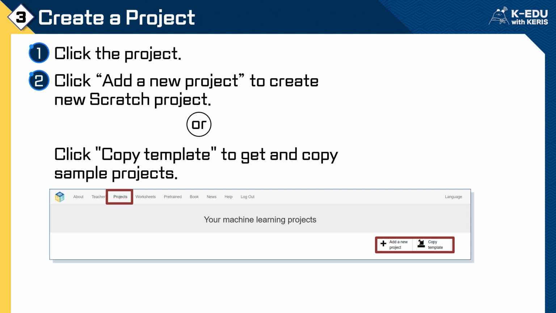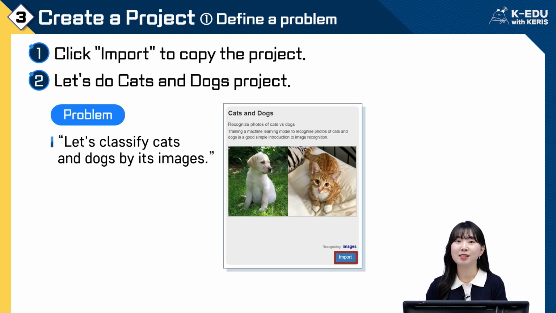Let's create a project. Please click Projects here and click Add a new project to create a new Scratch project. Or you can click Copy Template to get a copy of the sample projects. As this is the first machine learning project, I will copy and use other projects. Let's do a project to classify cats and dogs from their images.